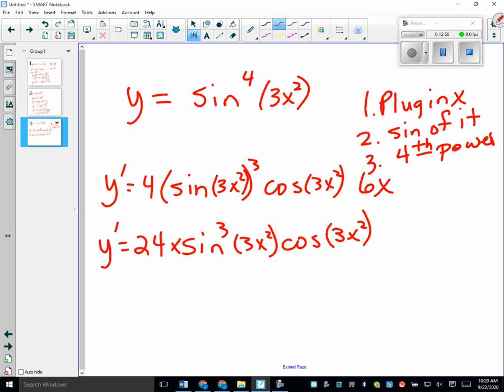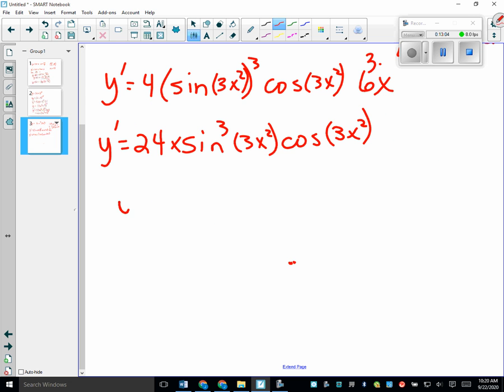So, if I give you a problem that looks like this. I can have a cube root inside of the fourth.